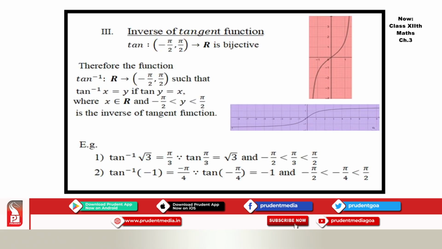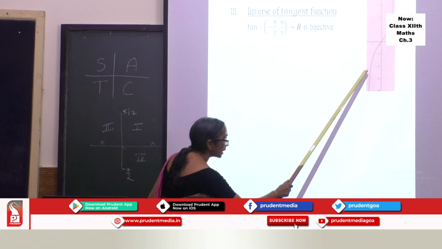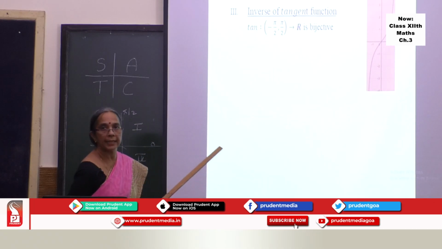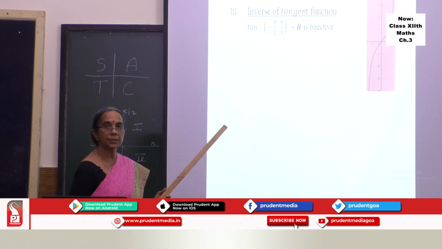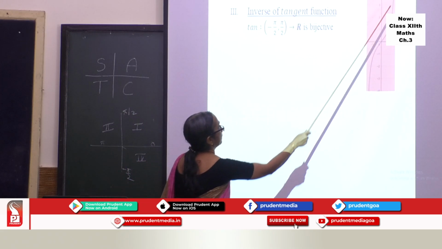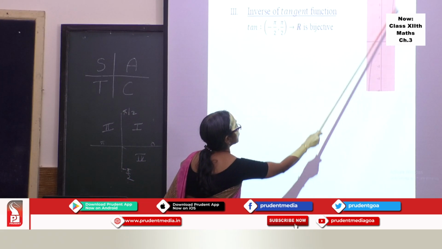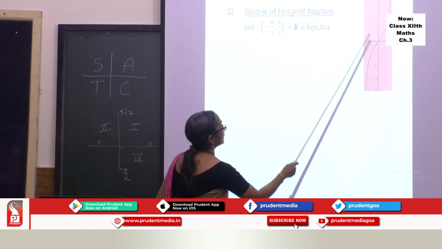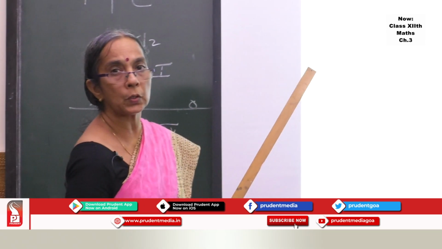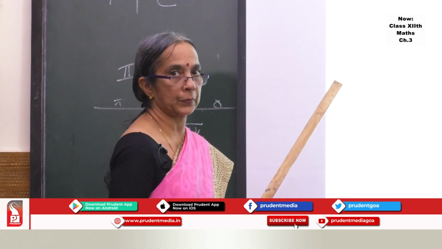Let us see what the graph of this function is. The graph of this function is like this. It is not ending here or here, it is continuing because the codomain or range is the set of real numbers. So it is not the end. It is going close to the line x equals pi by 2, and on this side it is going close to the line x equals minus pi by 2.